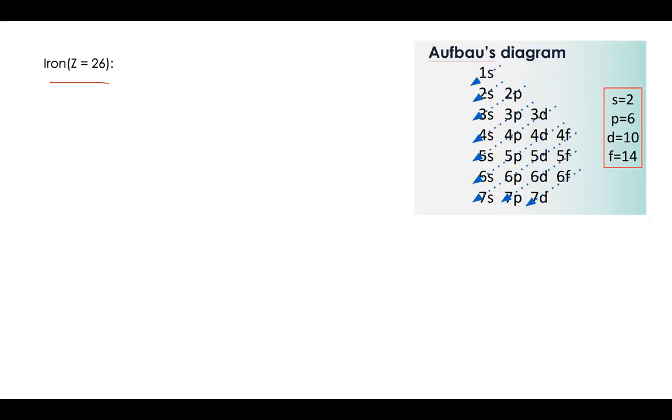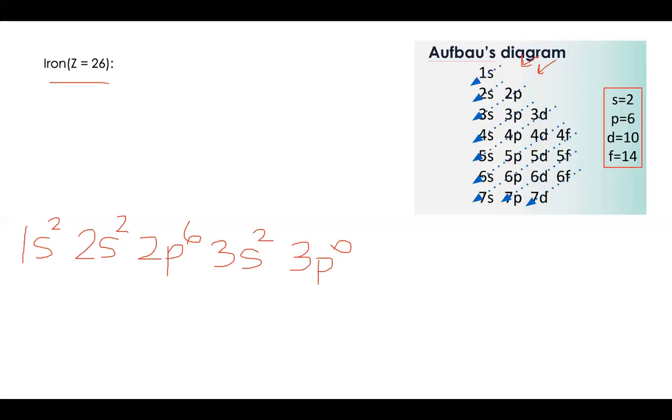I will start with my first level of energy, 1s2, 2s2, 2p6. Remember to follow the order of the Aufbau diagram. Then 3s2, 3p6, and 4s2.